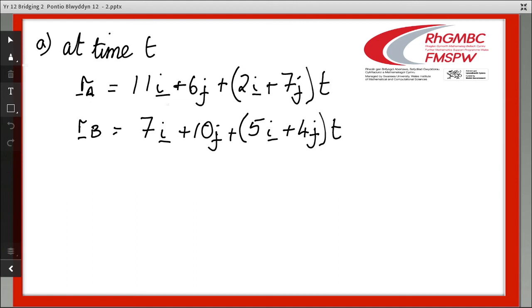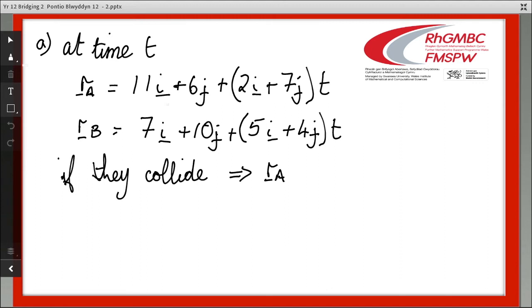So you always solve them by saying the y component of this equals the y component of that, and you ended up with an equation in x. We're going to apply the same principle here. Because they collide, this implies the position vector of A equals the position vector of B.